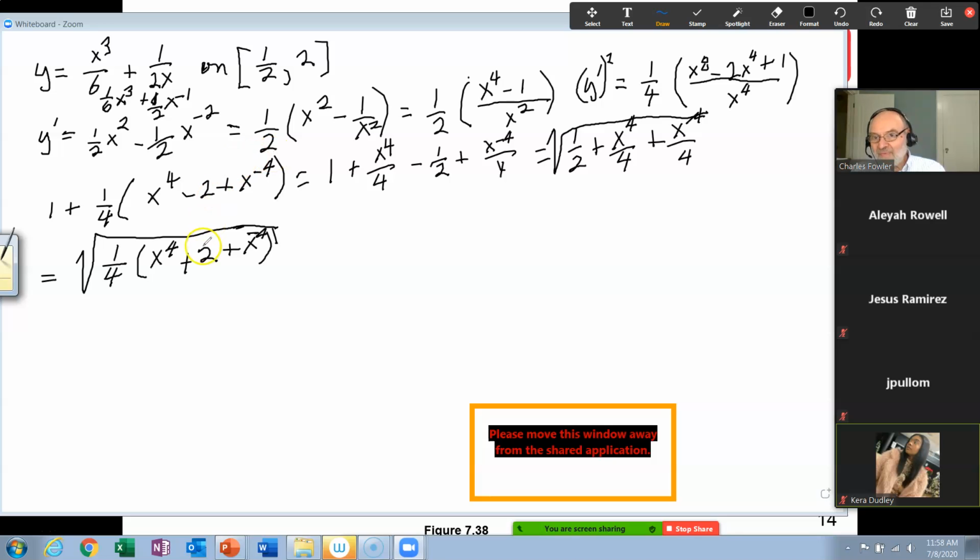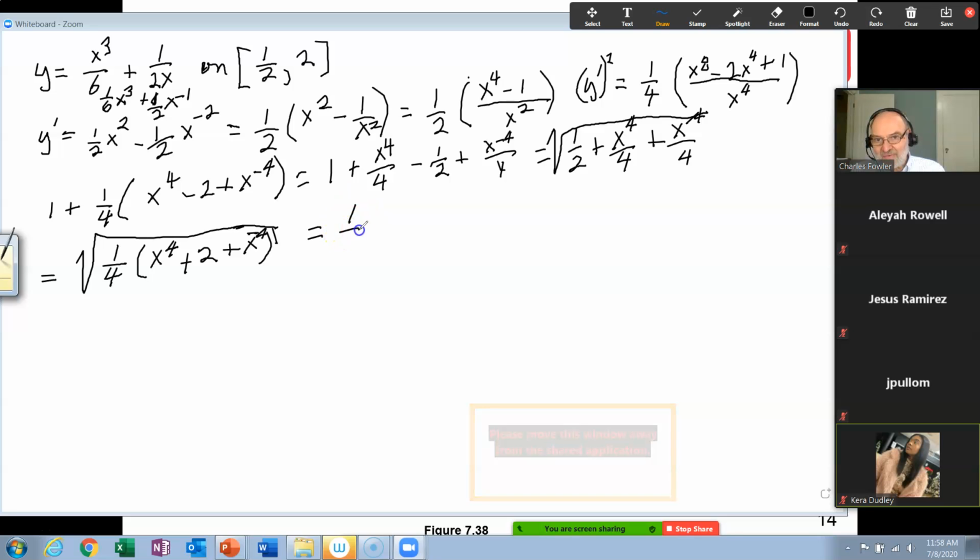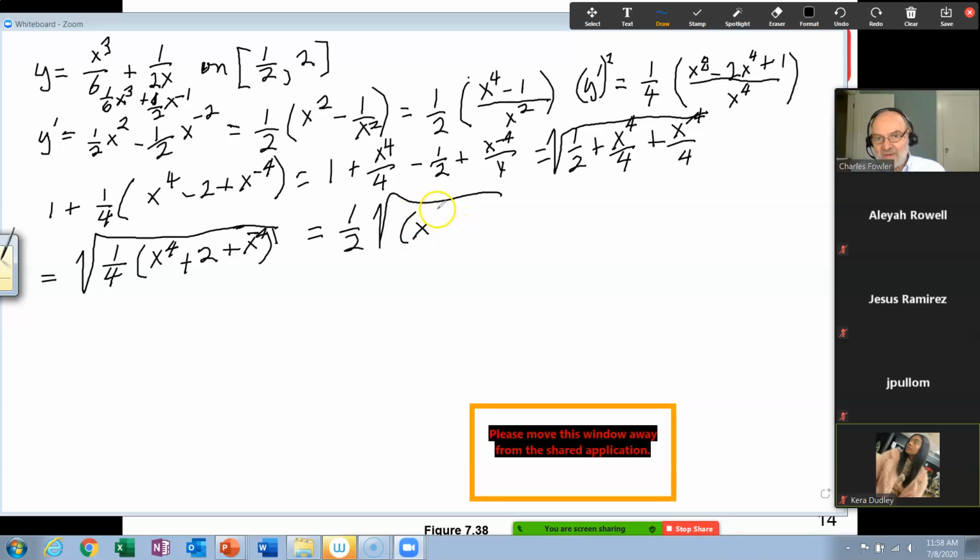Okay, well, this then also should be a perfect square, but that's the perfect square of, now by the way, 1/4, the perfect square of that is 1/2. Pull that out of the radical, and then this would be, I'm going to put it under the radical for now, x squared plus 1 over x squared, squared. Okay, because you see, when I squared this, I got that.